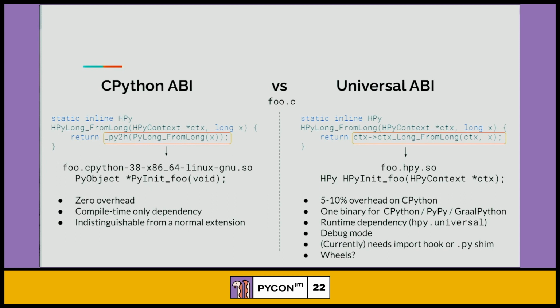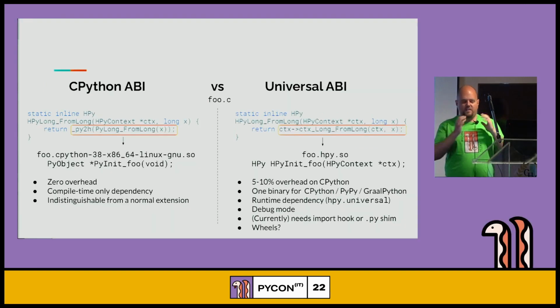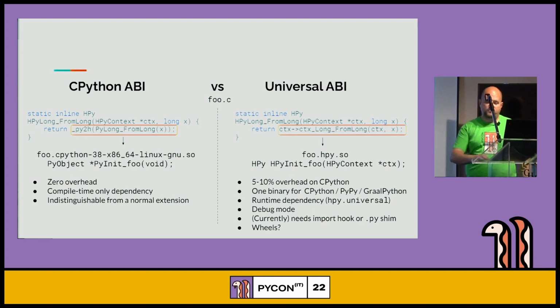So if you target the universal ABI on CPython, we measure on some benchmark 5 to 10% of overhead, but it's your choice. If you value the fast performance more than everything else, you can distribute your module using the CPython ABI. If you prefer the universal thing because you just have a single binary, you can just distribute the universal. Or you can distribute both and let the user choose.